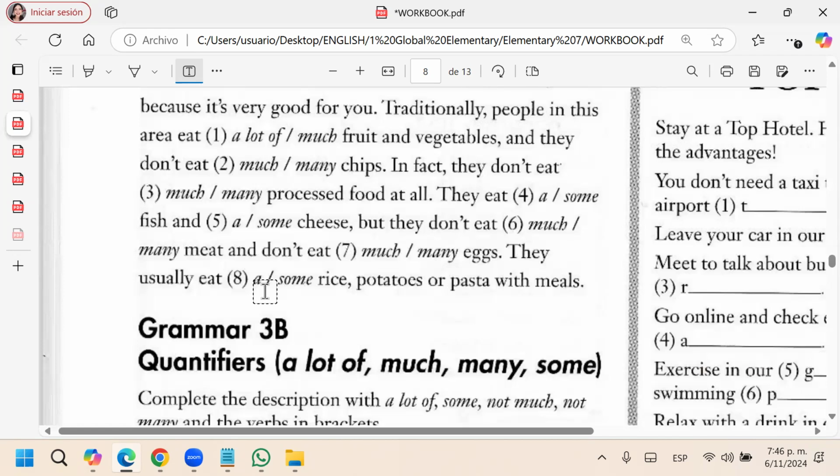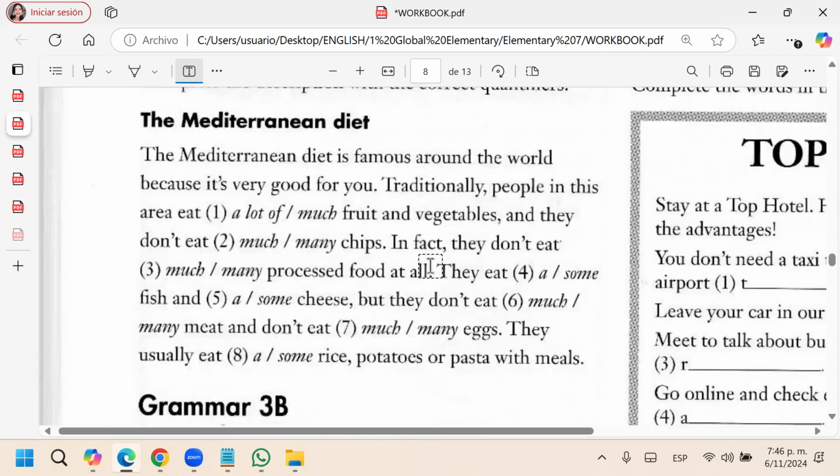The Mediterranean diet is the diet that people have in Italy, in Greece, in those parts of Europe. That is really, really healthy. Digo esto para que tengan contexto. And the people in the Mediterranean, they live many, many years.